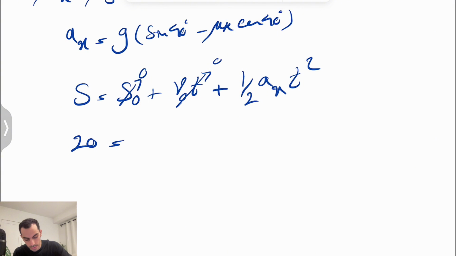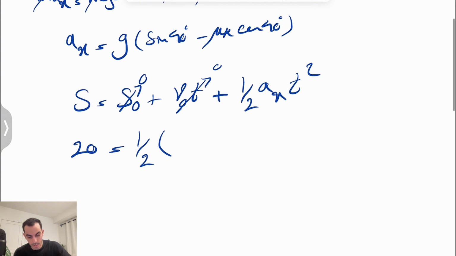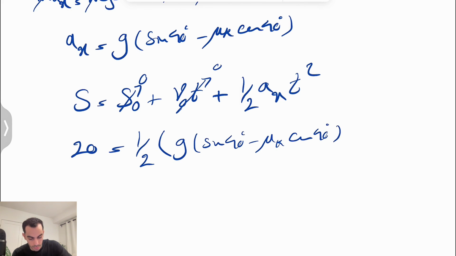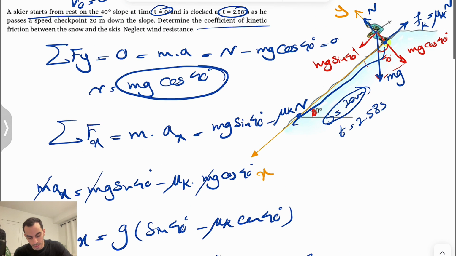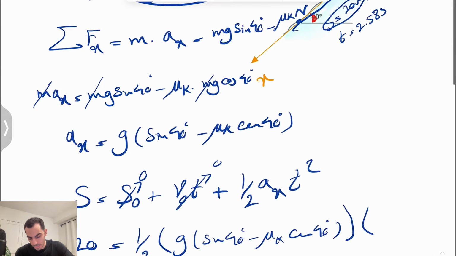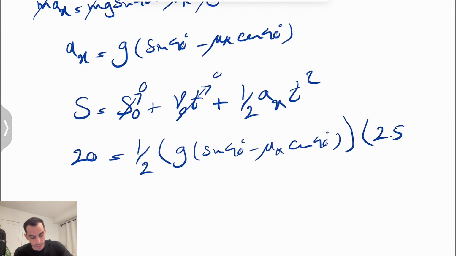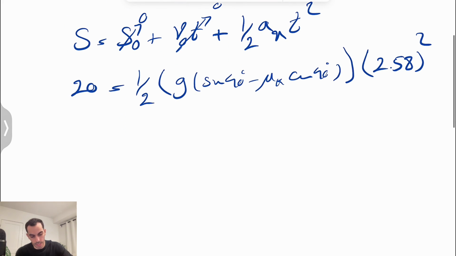So we have one half of ax, which is g times sine of 40 minus mu k cosine of 40 degrees, that's going to be our a, and t is the time that this skier is clocked, so 2.58 squared, and this should give us the answer.